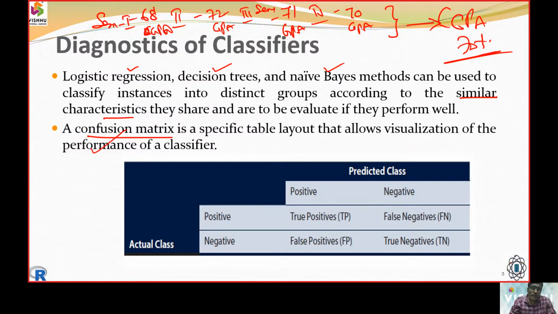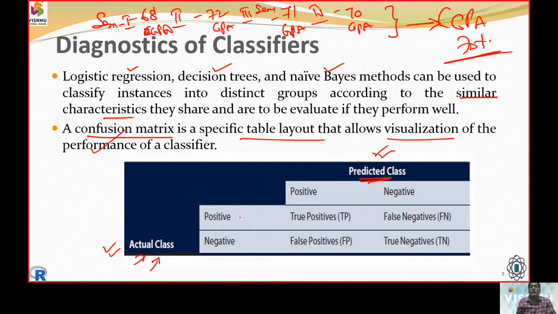This confusion matrix is laid out in a tabular form, and it allows a visualization of a classifier. The things it is going to predict, we call the prediction class. The things that are actually happening in reality, we call the actual class.